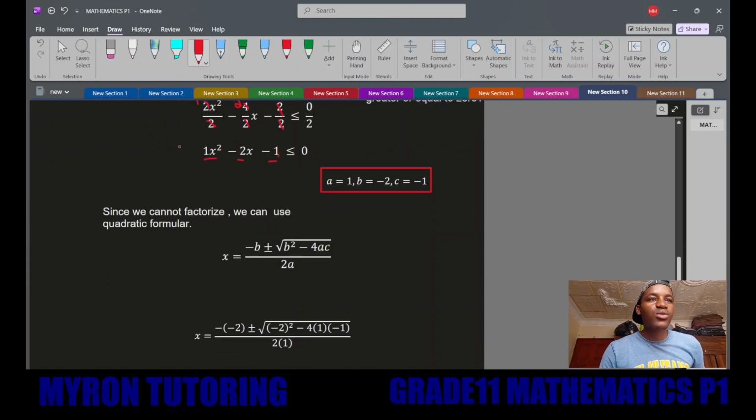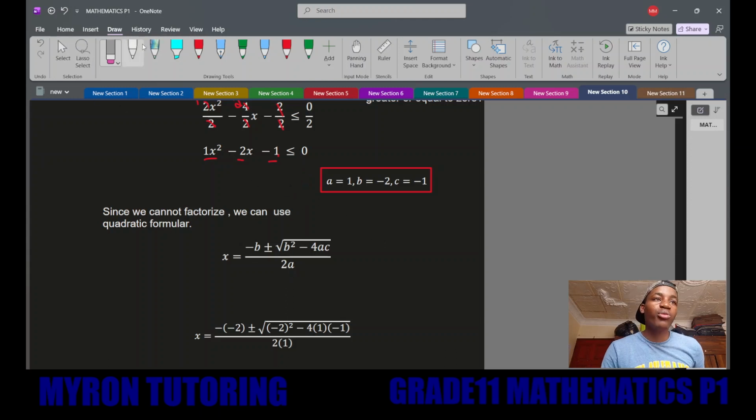Since we cannot factorize that, let's try to factorize x minus 1, x minus 1. Do you see how minus 1 and minus 1 will give us positive 1 instead of a negative 1? So we immediately see that we cannot factorize. So we just use the quadratic formula.